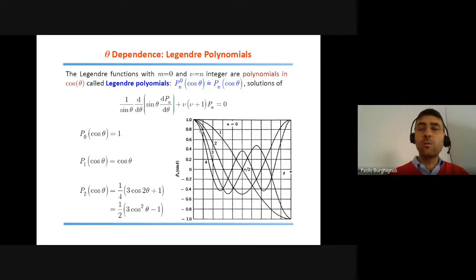And so on. All the others are oscillating functions more and more as the index increases. All of those functions pass through the value 1 when the argument is equal to 0, whereas they are equal to 1 or -1 depending on the order when you are at the other extreme, that is when theta is equal to pi.